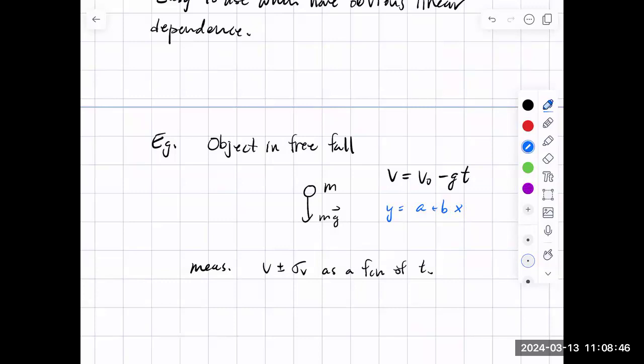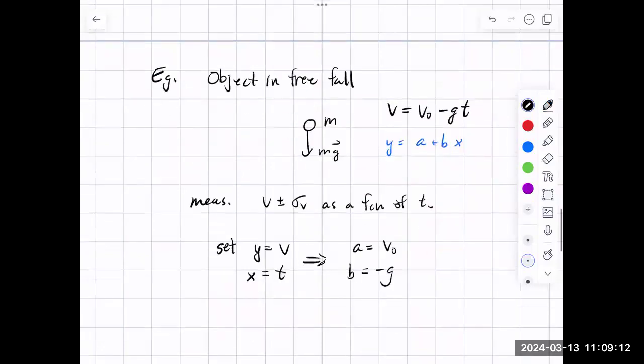Okay, so we're going to set y equals v and x equals t. And if we do that, the intercept is equal to v naught and the slope is equal to minus g.